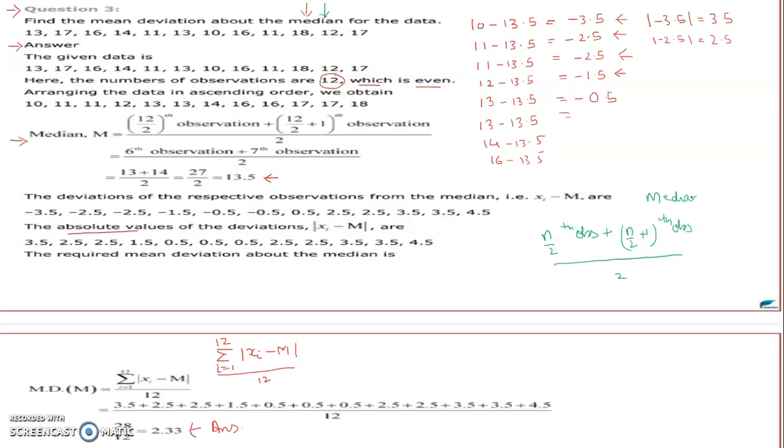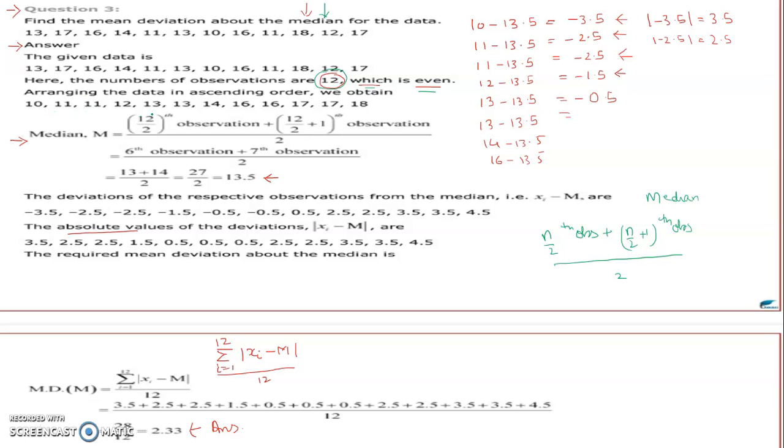How do we know it is even? We count the number of observations: 1, 2, 3, 4, 5, 6, 7, 8, 9, 10, 11, 12. So n is equal to 12, which is even. Now arrange them in ascending order.